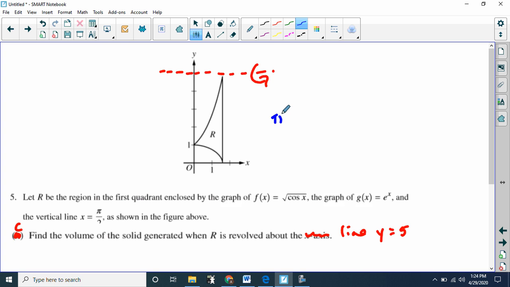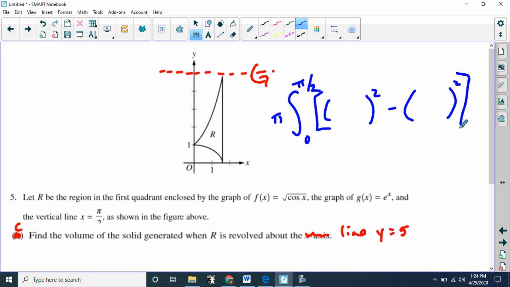Disk method is pi times the integral from 0 to pi over 2 of the radius squared. Again, we're going to have some missing volume in here, so we're going to do the first radius squared minus the second radius squared.